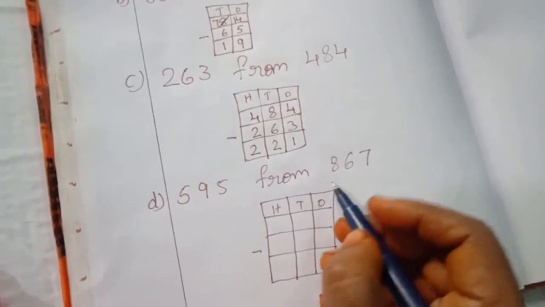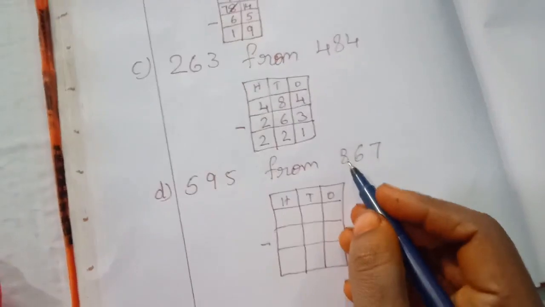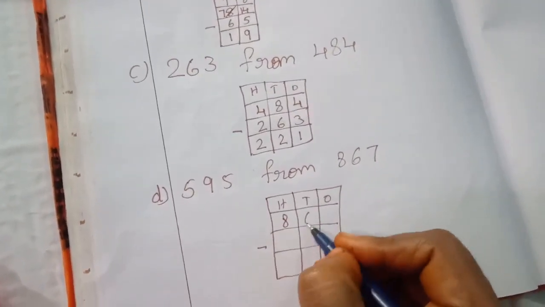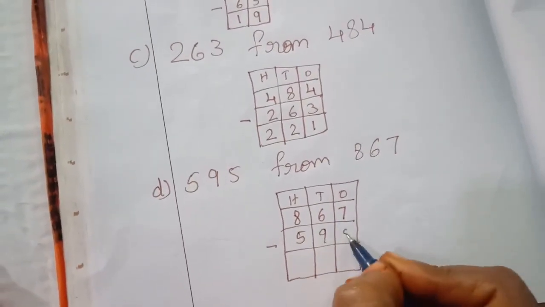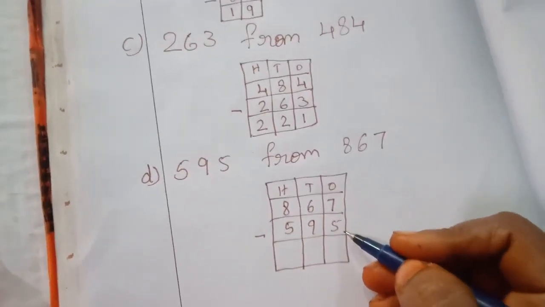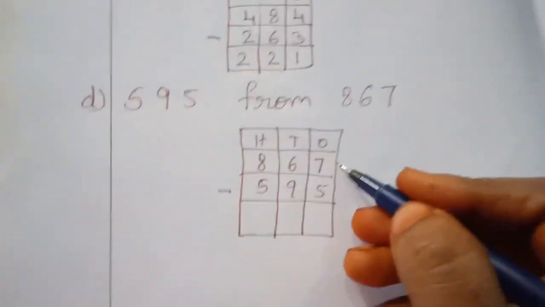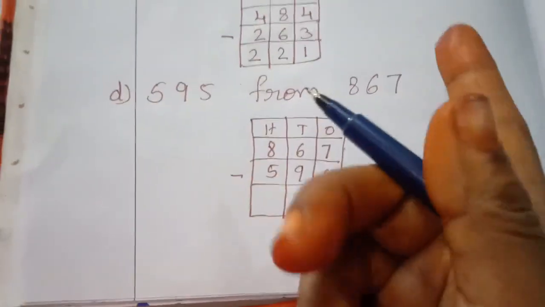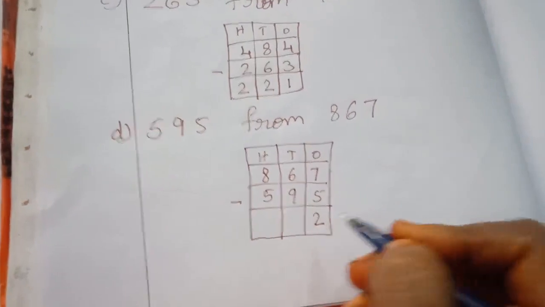Minus symbol. See, 595 from 867. 867 you should write first. After that, 595 you should write. Yes, ones place. 7 and 5 are here. In the 7 you should cut 5. 5 after, up to 7 you should count. 5 after 6, 7. How many fingers came? 2 fingers. That 2 you should write here.